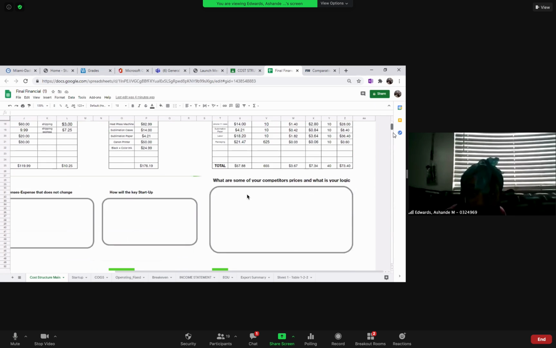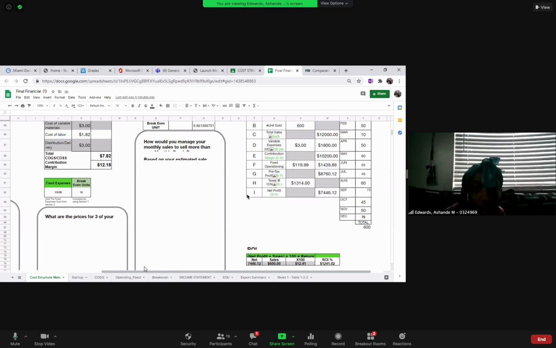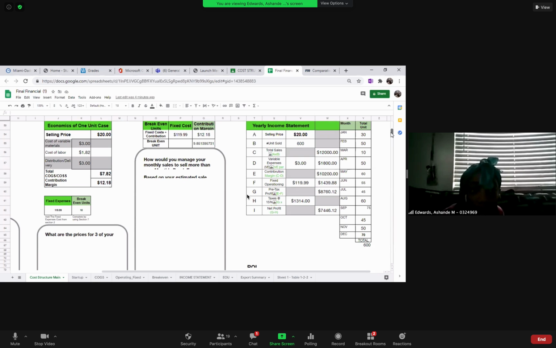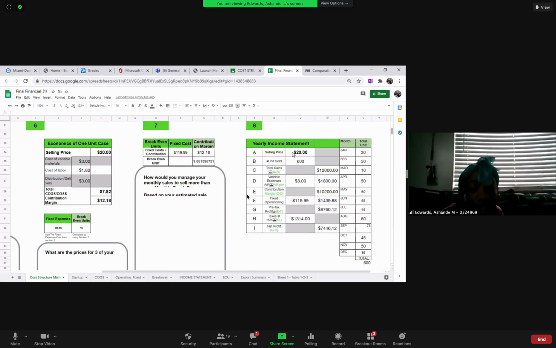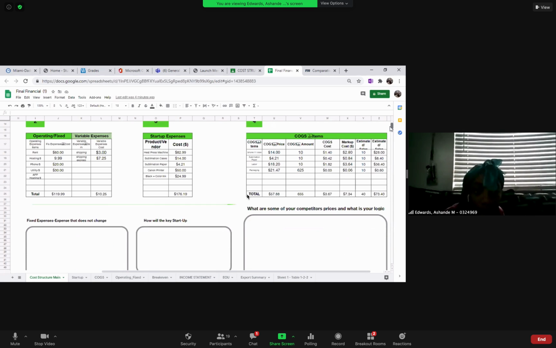So now going down here. My cost of variable materials, well, first my selling price is $20, and my cost of variables came from right here, variable cost expense. Yes, from the shipping. I chose the regular shipping.